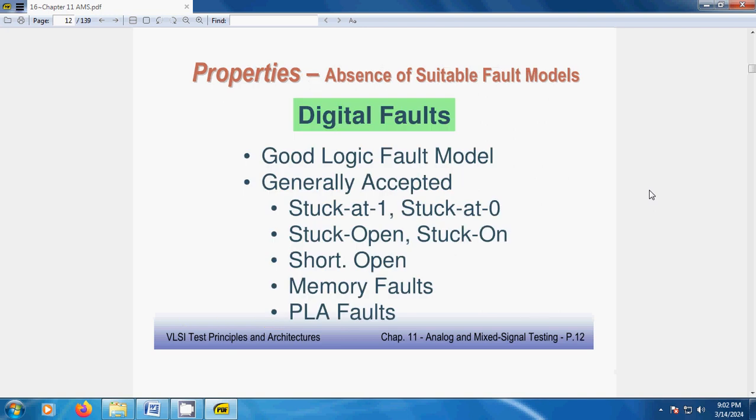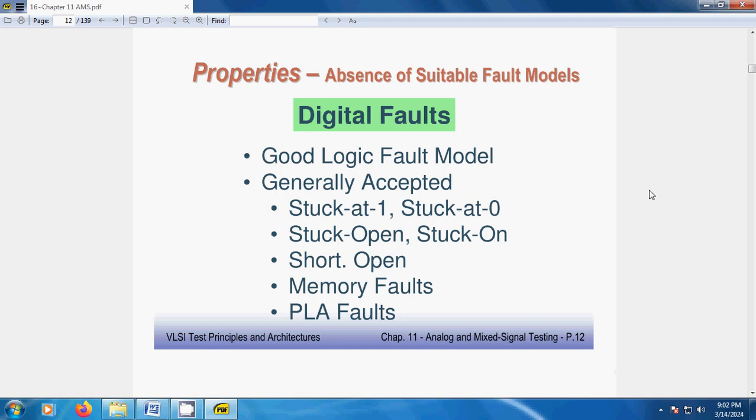Depending upon logic, you create a fault model. That fault model depends upon the type of circuit, for example combinational circuit, sequential circuit or memory circuits. Depending upon the subsystem, you choose a particular type of fault model.